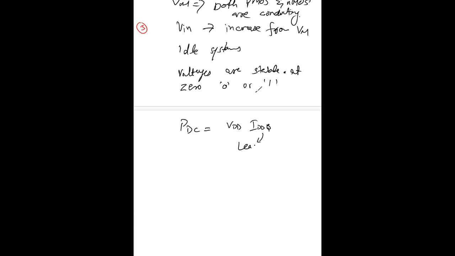We know that this is our leakage current. So we can write this expression here, and normally this value is in pico amperes, pico ampere per gate. So we can say that this quantity is very small, because this value is in picoamperes.